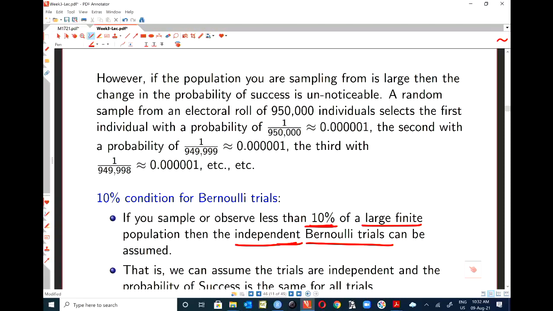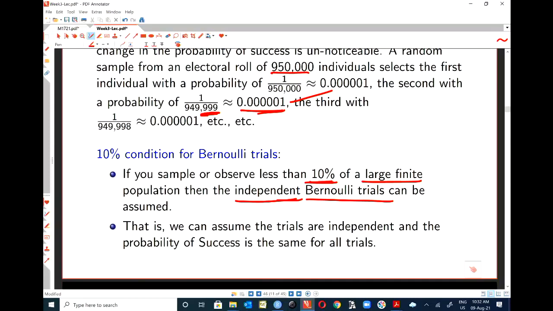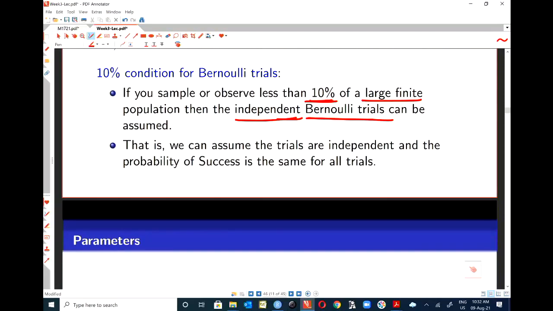If my population is 100,000, then by the time I've taken one person out, it's changed very little. The probability of getting that one person with a yes vote is this much. The next is a bit less than that, but really it's not much different. It is one less than that, agreed, but it doesn't change much. In other words, the change is so small I can assume that everything is fine and carry on as I would. My model here, as most models, isn't perfect, but it's good enough in this case. So I can assume here that my Bernoulli trials model holds.